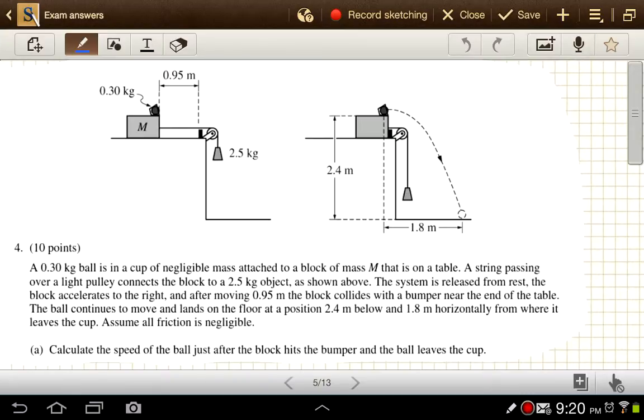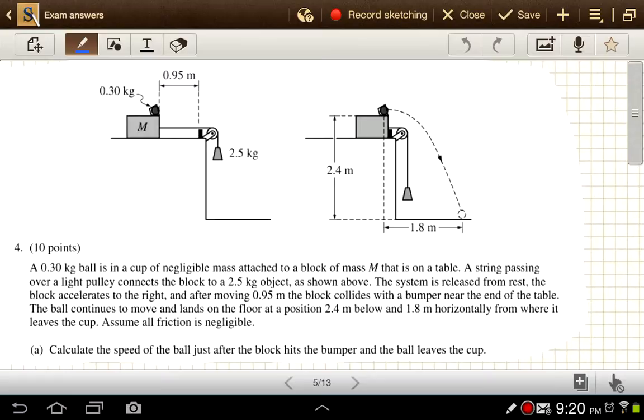But I don't know how much that's going to make this whole system accelerate, because I don't know how big a mass this is. And we can't just use the mass of the 0.3 kilogram ball, because it's the 2.5 kilograms and the ball and this mass that are all moving under the influence of that one force of gravity. So I don't have enough information to find acceleration there yet.